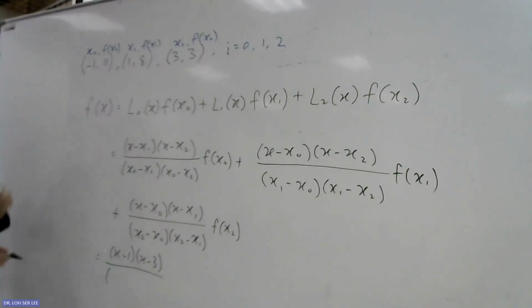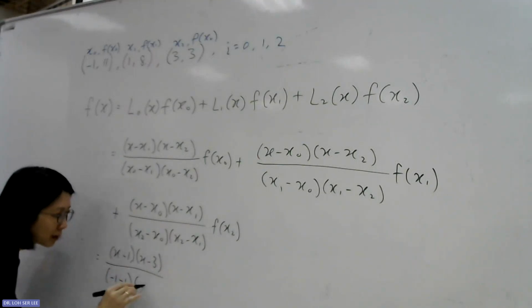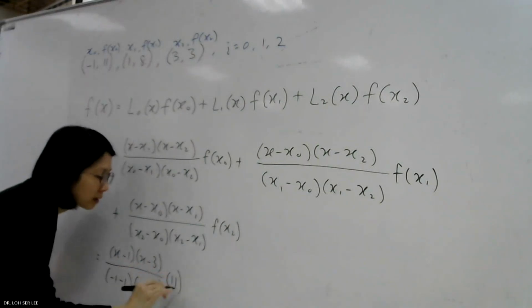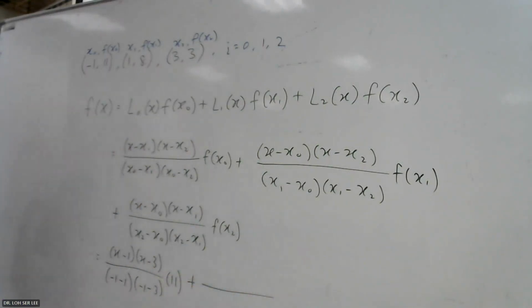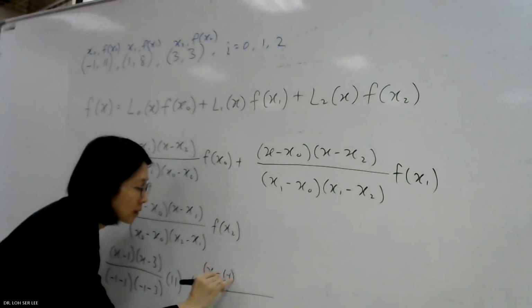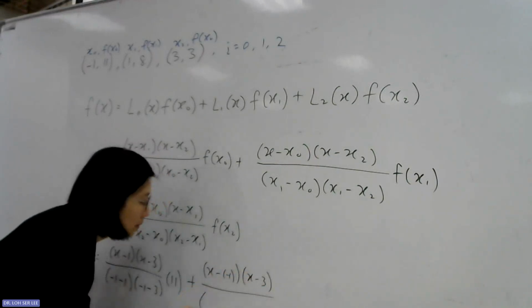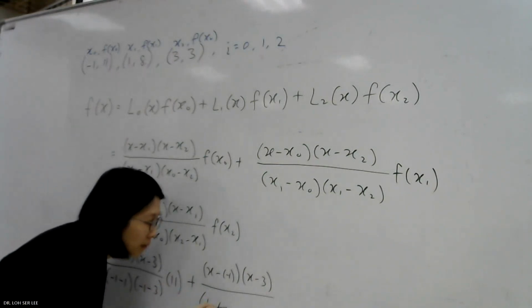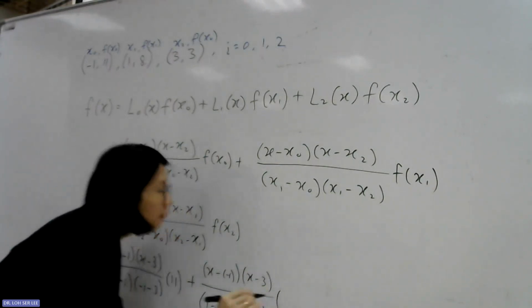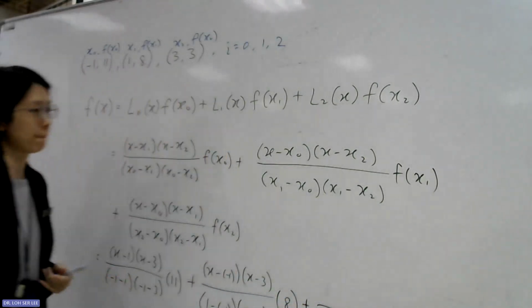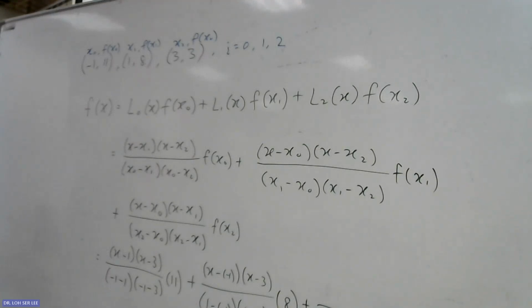x0. -1, -1 minus 1, -1 minus 3. And the first y value is 11. x0, x2, x1. The second one is 8. It's 0 and 1.